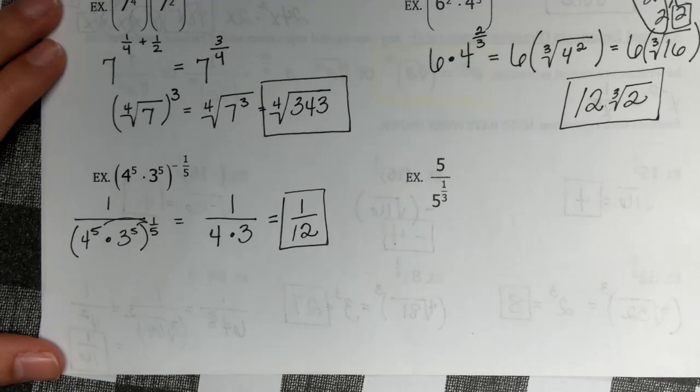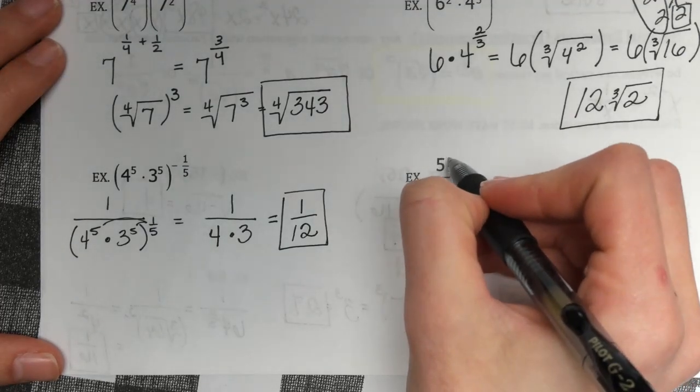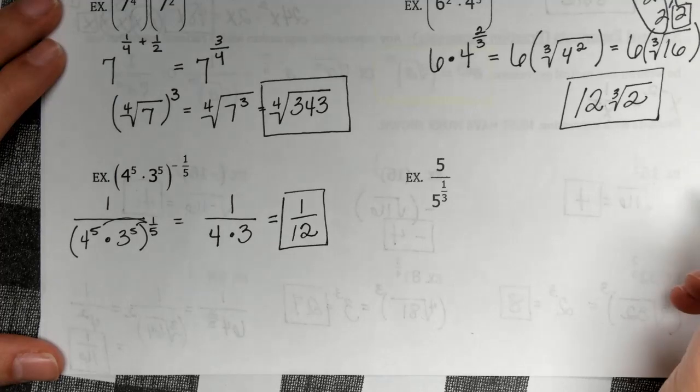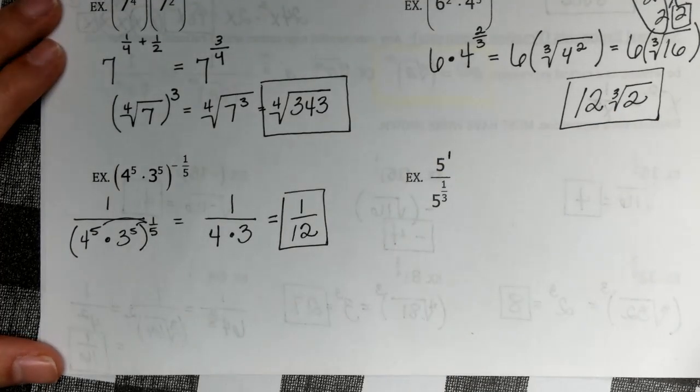Now I have 5 over 5 to the 1/3. What do I do with that? This doesn't have an exponent written. What is it understood to be? 1. What do you notice about the numerator and the denominator? They're like bases, right?